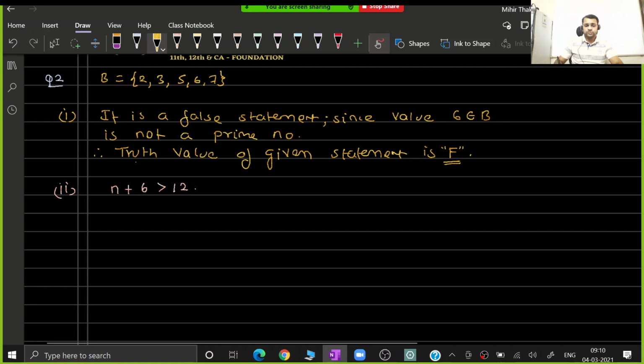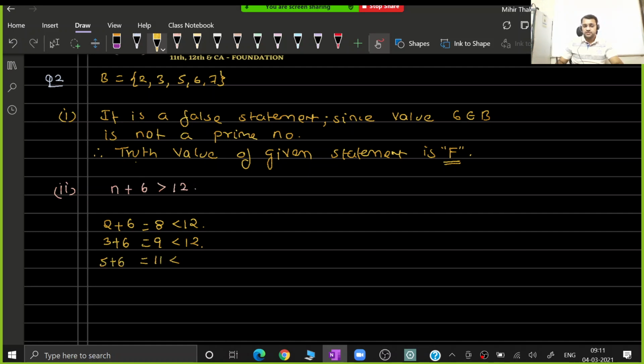The different values which are available: 2 plus 6 is equal to 8, this is lesser than 12. 3 plus 6 is equal to 9, this is lesser than 12. 5 plus 6 is equal to 11, this is also lesser than 12. 6 plus 6 is equal to 12 itself.